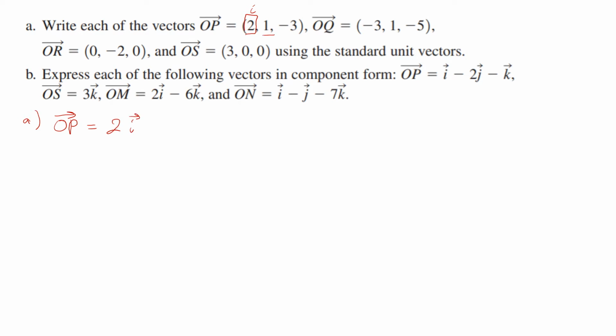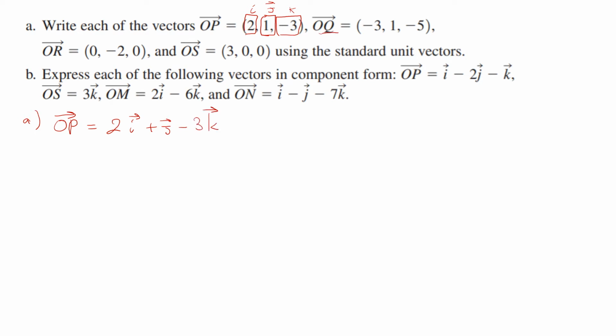Now I go on to the y component, which is 1. And I know this is represented by j, so I can just say plus j. I don't need to put 1 because it's just 1. You can just write the letter. And I go to the z component, which is represented by k, so I can just say negative 3k.